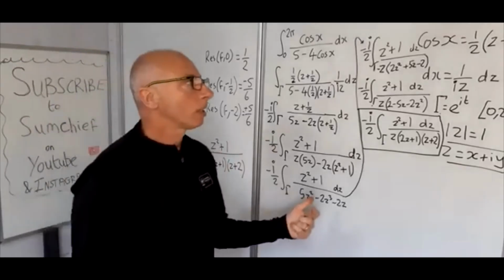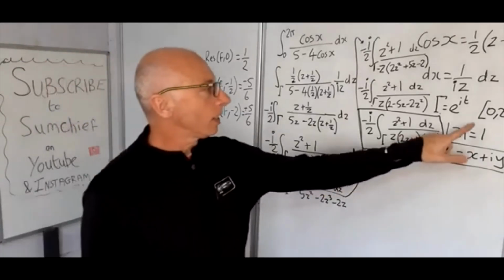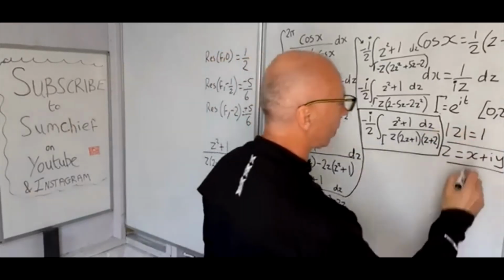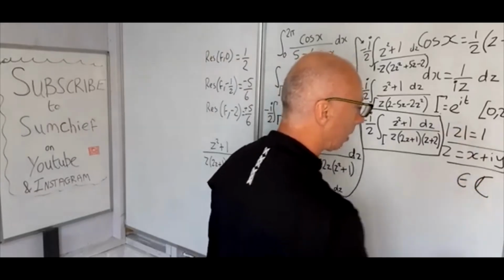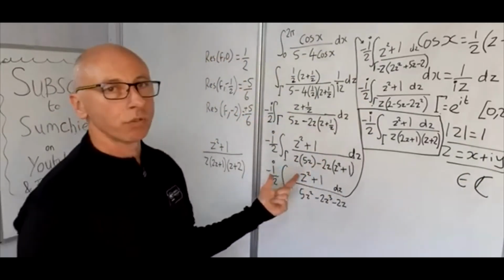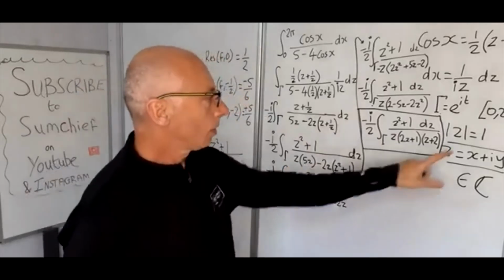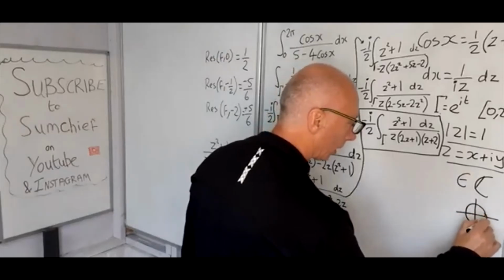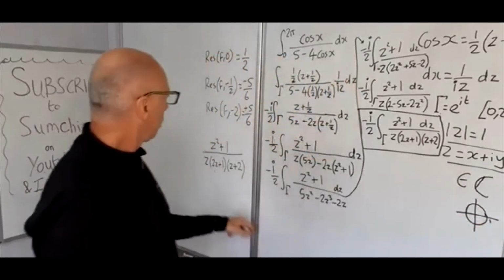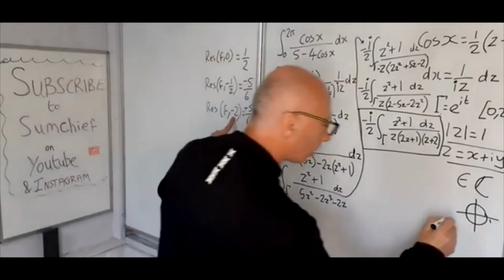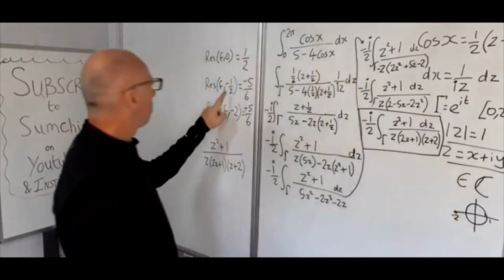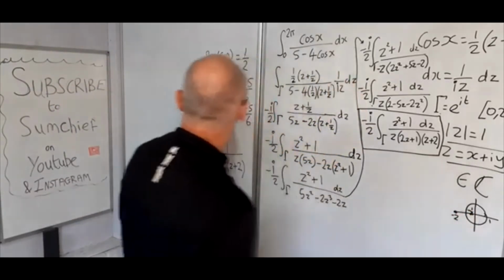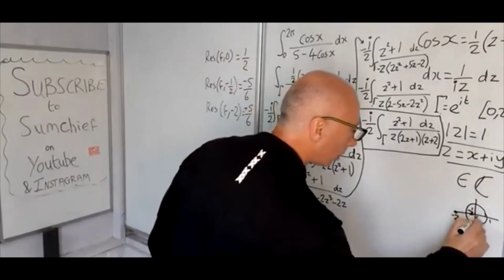So now what we can do is we can say that this here is a closed contour on a simply connected region, which is obviously in the complex plane. So what we can do, we can apply Cauchy's residue theorem. So with |z| equals 1, so that's our circle, |z| equals 1. Our residues here are minus 2, minus 1/2, and at 0.